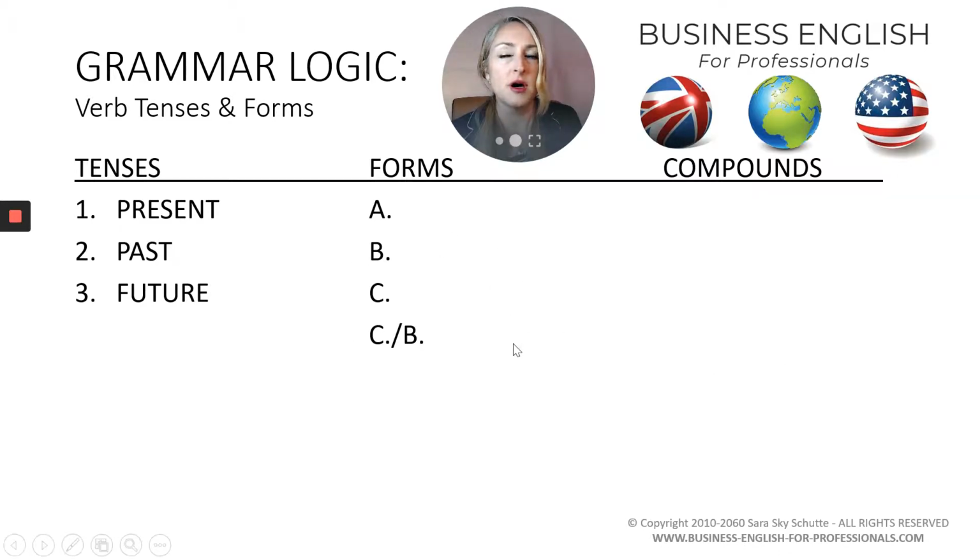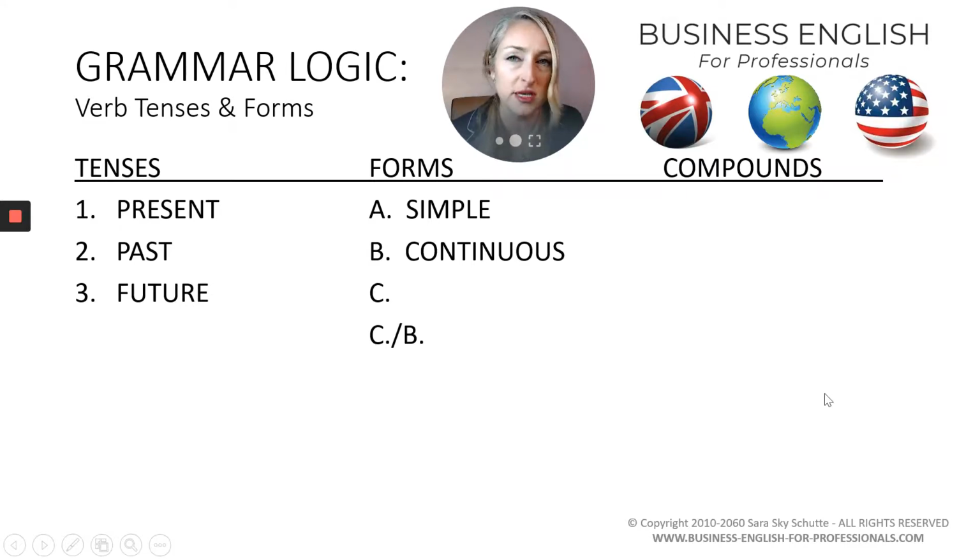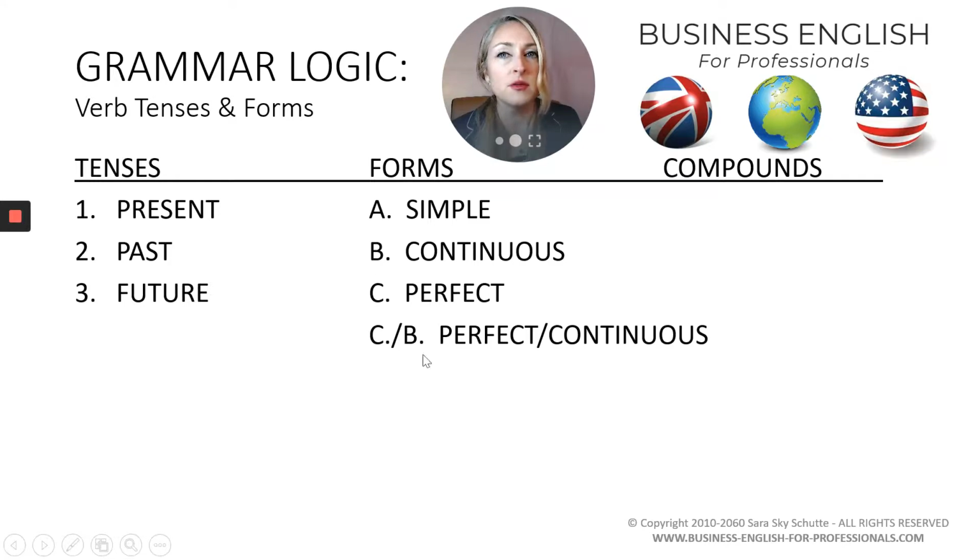And these are simple, continuous, which is sometimes called progressive. Okay, but we're using the more contemporary name, which is continuous. Then we have perfect. And then this, one of the compounds, it's a double compound, but in any case, the perfect continuous. We also have the specific compounds, which are passive and modal. Okay, we'll take a look at all of those.